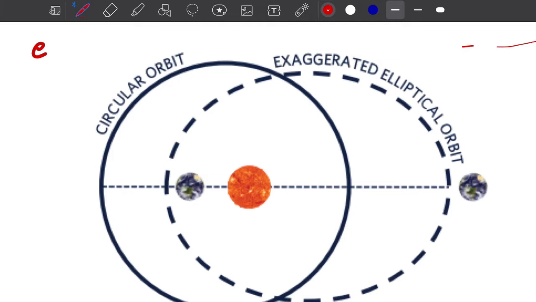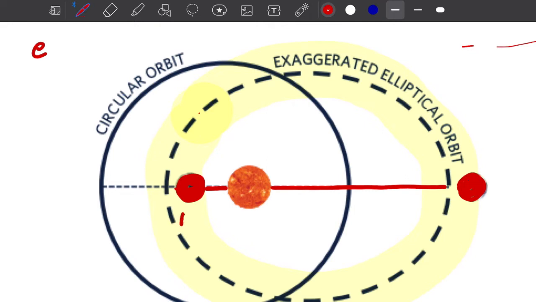So let's assume this elliptical orbit. Here we can see that this position of Earth is closest to the Sun, while this position is farthest from the Sun.